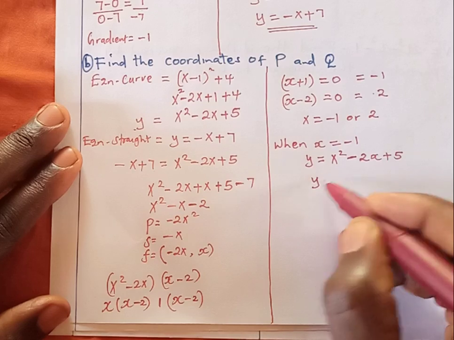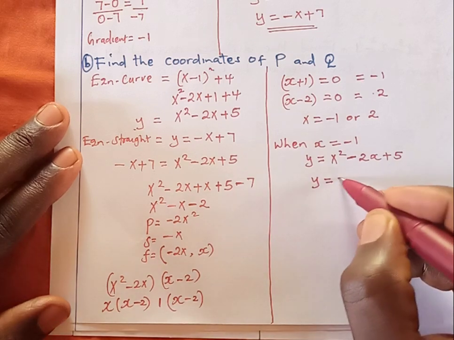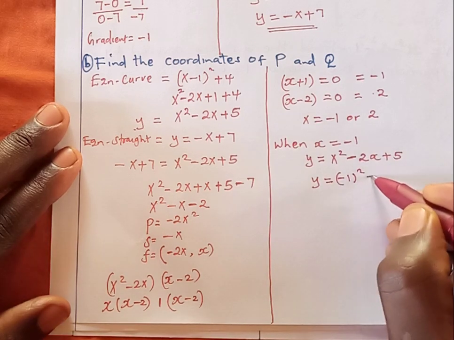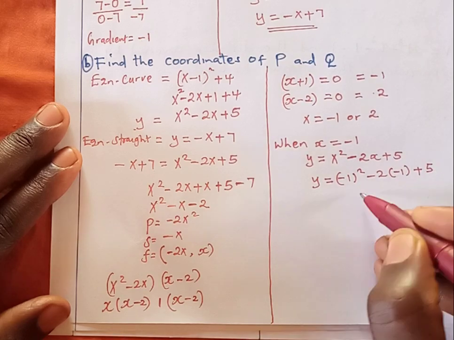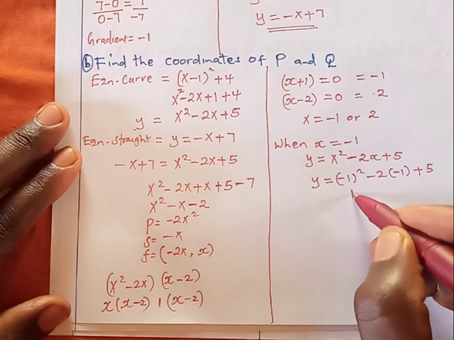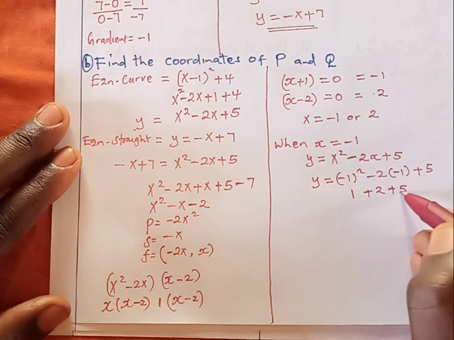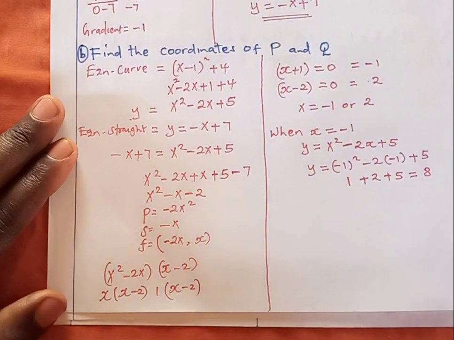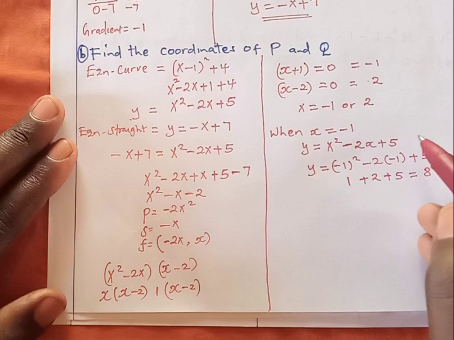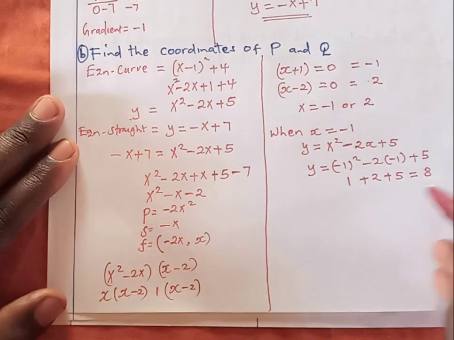Now y is going to be, we substitute where we see x, we replace that with negative 1. So this is negative 1 squared minus 2 multiplied by negative 1, then plus 5. This is positive 1, this is positive 2, then this is positive 5. The sum will give you positive 8. Now when x is negative 1, we know that y is positive 8.